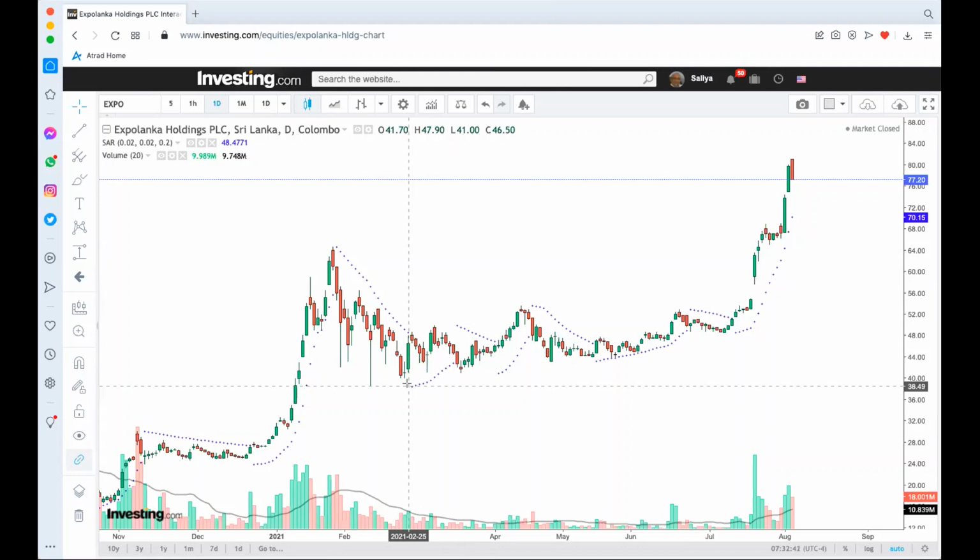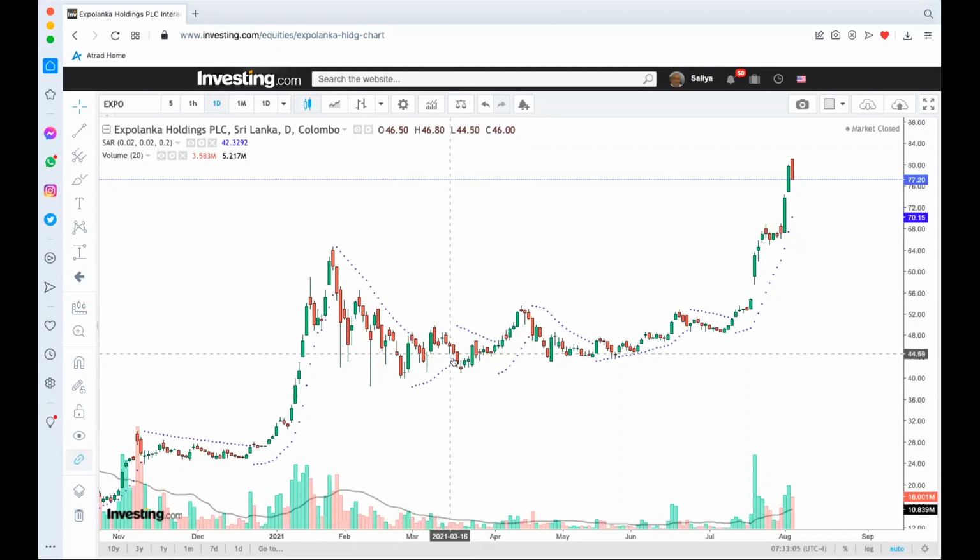So we have to wait for the other indications to confirm that. The next, most important indication is that there has to be a breakout above the previous high. Now this is the previous high. This has to be broken out. Now here it broke out, but unfortunately that didn't continue.